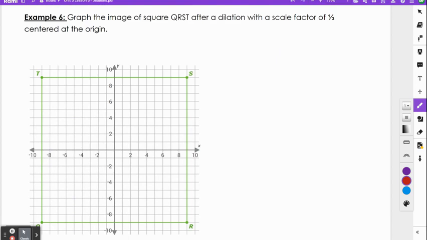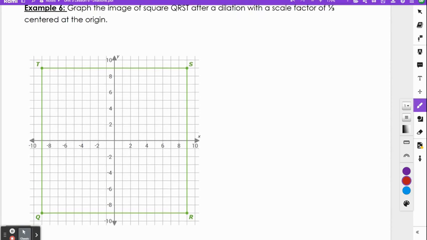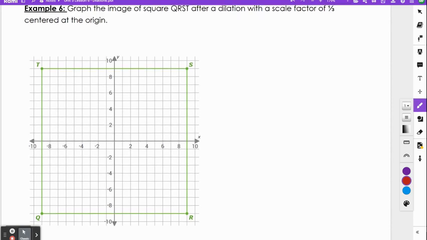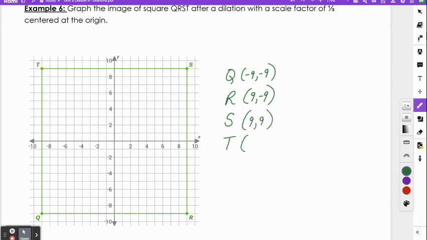Last problem of the day, we're going to graph the image of a square, QRST, after a dilation of a scale factor of 1/3. So first thing we're going to do is write down the coordinates of our square. We have Q, R, S, and T. And now we're going to multiply each of our coordinates by 1/3.